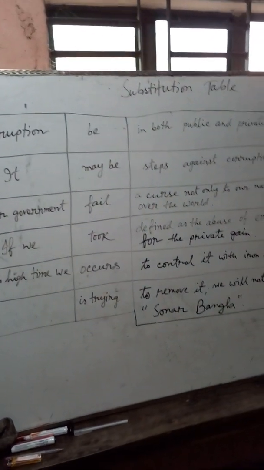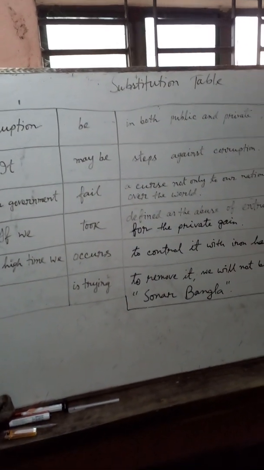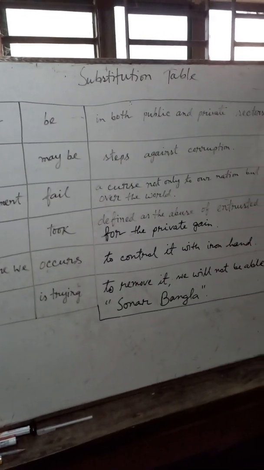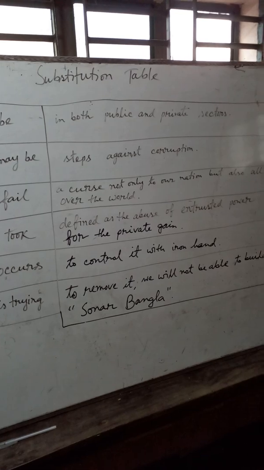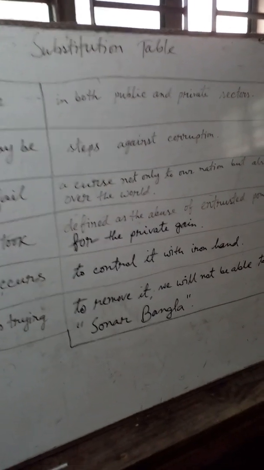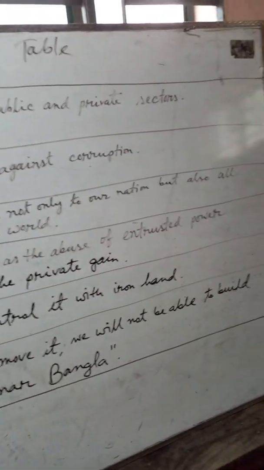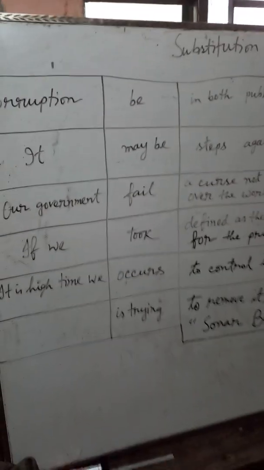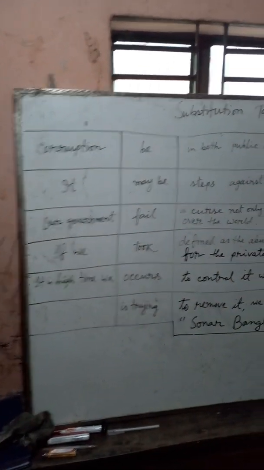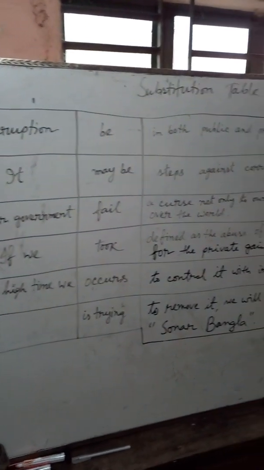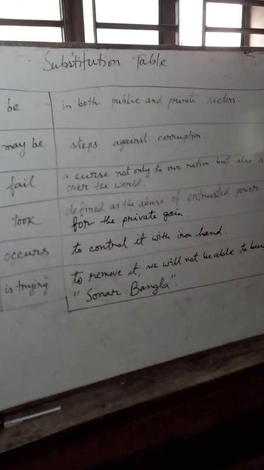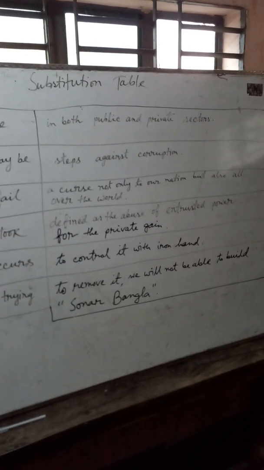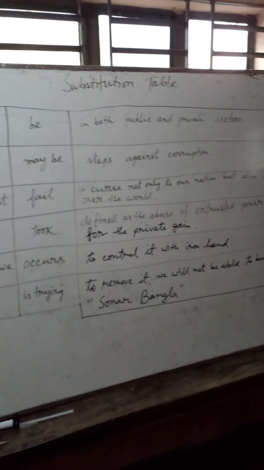Yes, corruption is a curse not only to our nation but also all over the world. You are right. Corruption is a curse not only to our nation but also all over the world.